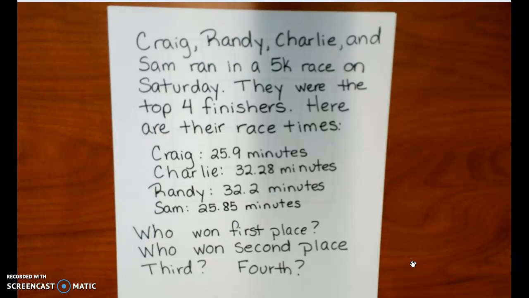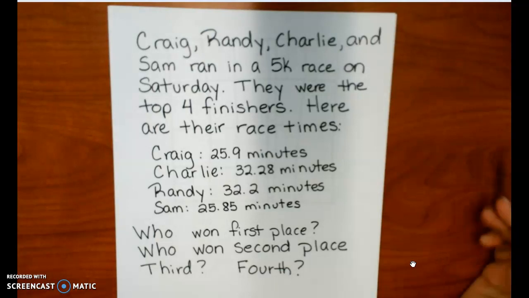Charlie ran in 32 and 28/100 minutes. Randy ran in 32 and 2/10 minutes. And Sam ran in 25 and 85/100 minutes. Who won first place? Who won second place? Who won third place? Who won fourth place? We want to put these in order from least to greatest.